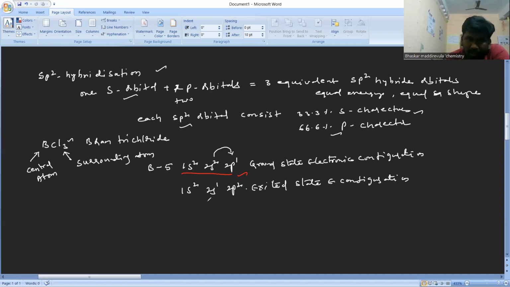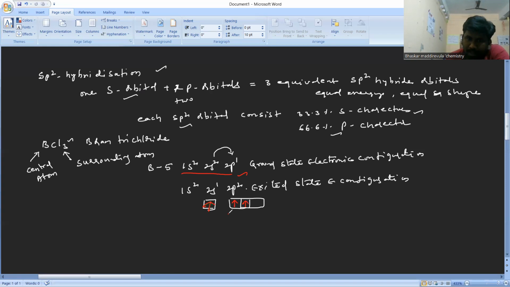Here there is one half-filled electron in the 2s orbital, and there is one half-filled electron in each of two 2p orbitals.